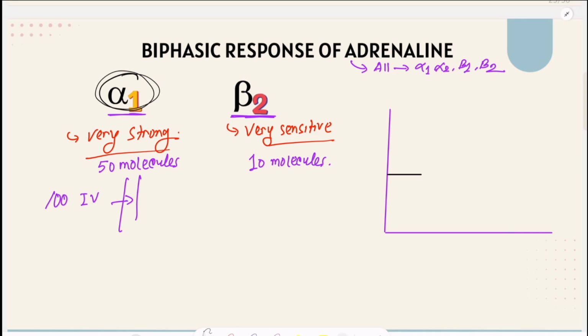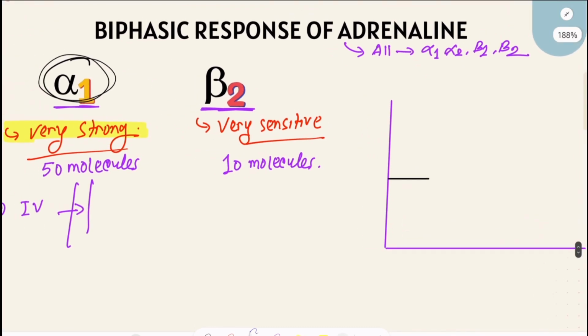But the action of alpha 1 will be prominent because we have said that alpha 1 is a very strong receptor. So after providing 100 molecules of adrenaline, the alpha 1 receptor will be stimulated and that will cause vasoconstriction. We know that alpha 1 stimulation leads to vasoconstriction. As a result, the blood pressure will keep increasing.